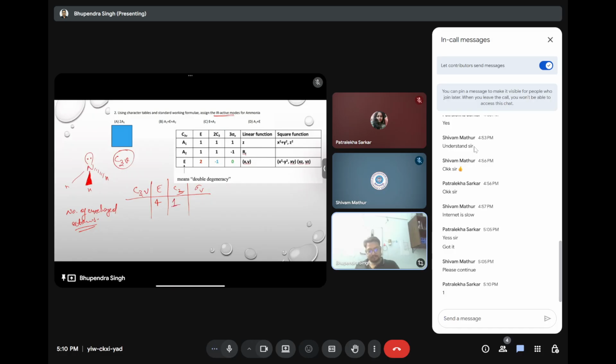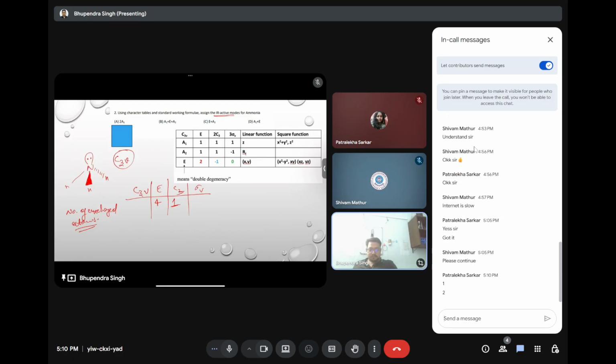And for sigma V, how many atoms will remain unchanged if you apply the sigma V operation? 2, yes.